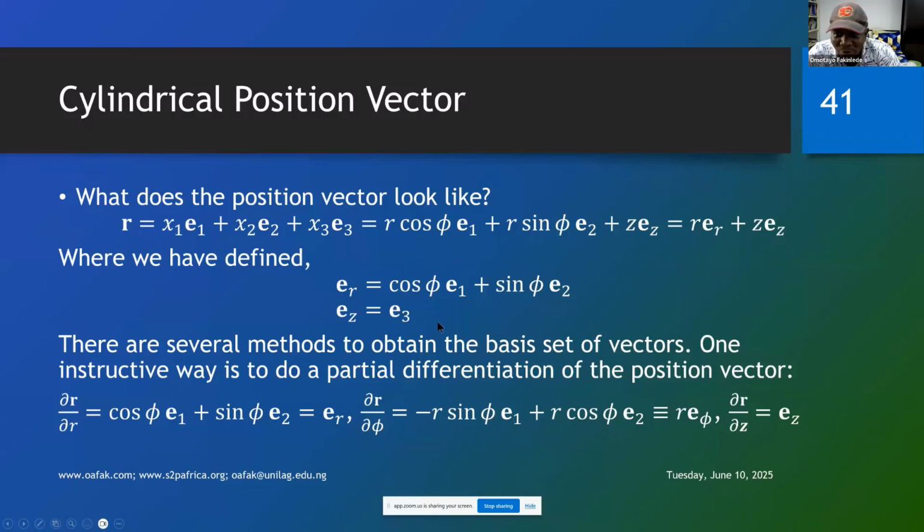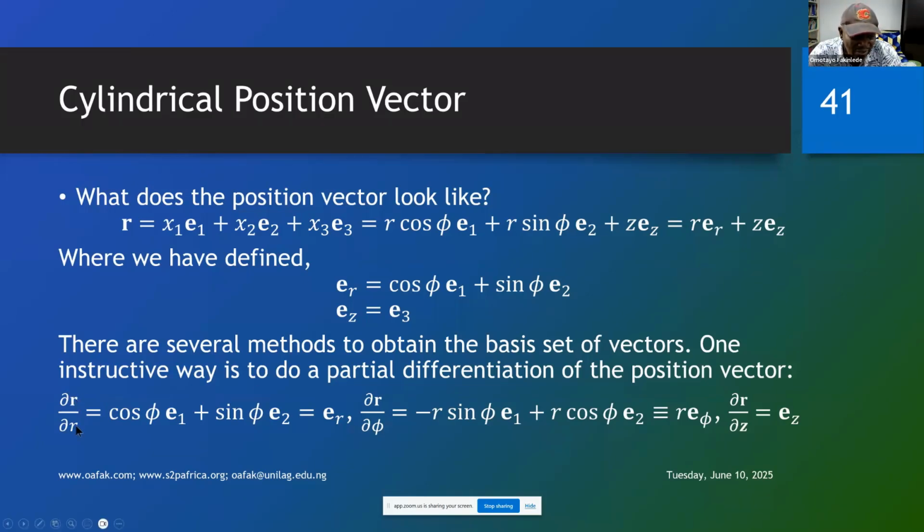But remember, we said before that if you want to get the basis vectors, you just differentiate with respect to the coordinate variables. So what happens if we differentiate the position vector with the coordinate r? It is regrettable that we're using two r's here.